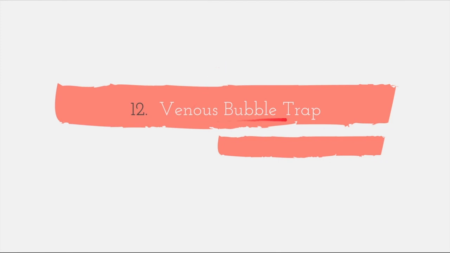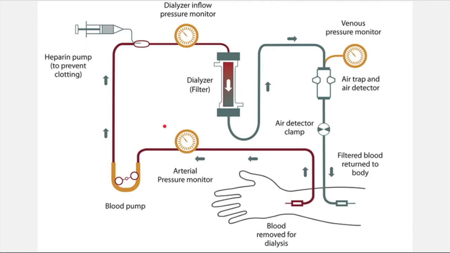Next is the venous bubble trap. So the venous bubble trap can be shown here, the air trap and air detector. This is another air trap to catch any air in the system that has not been trapped from the arterial air trap, bubble trap.